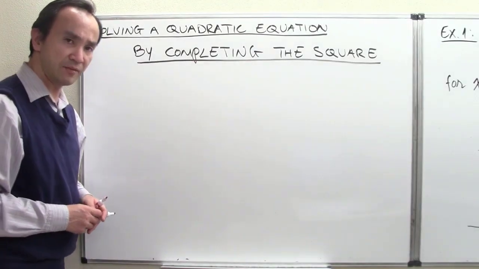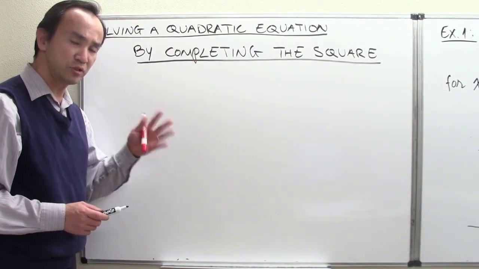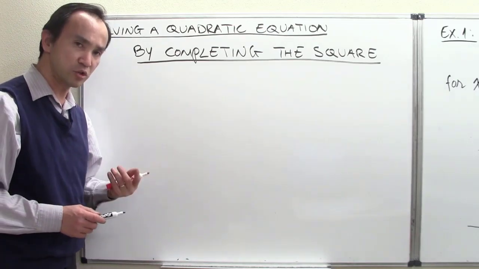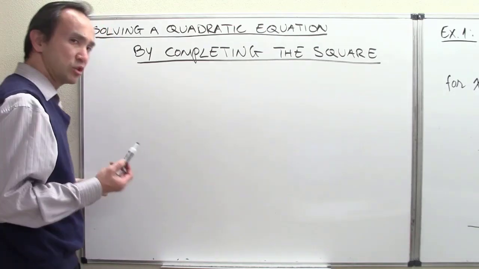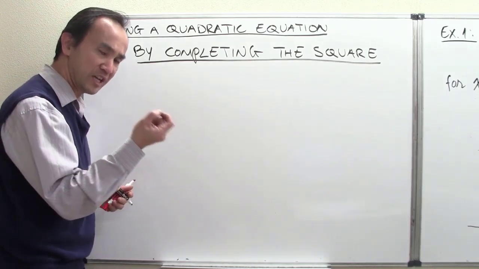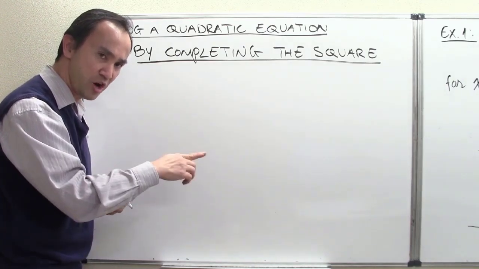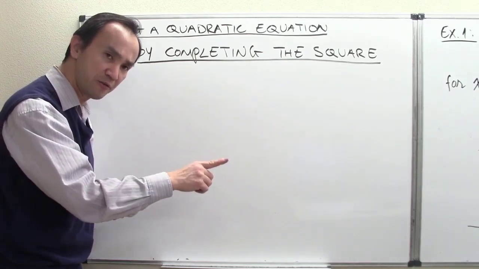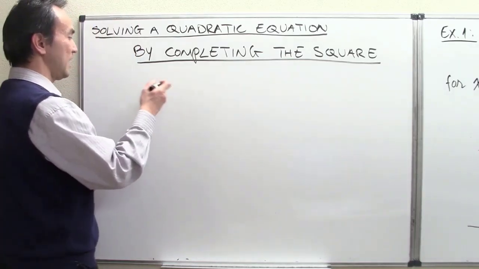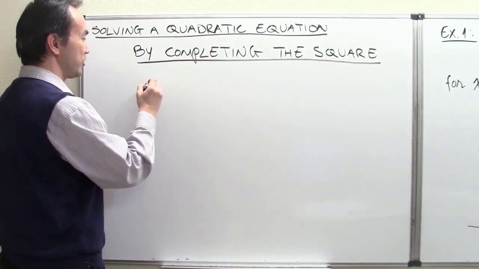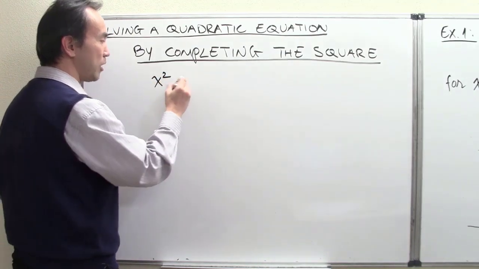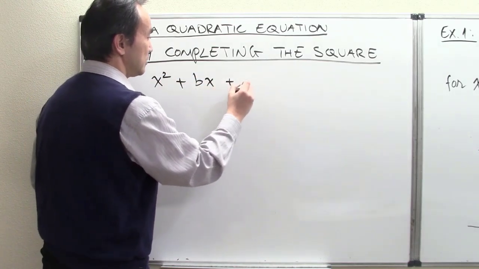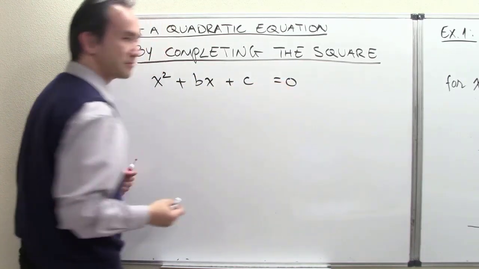Okay, so at the end of our example 1 right here, it came to the following generalization of how we can do the complete the square method. The complete the square method centralizes on the idea that the equation has to be in standard form with leading coefficient 1. So allow me to start out with the equation in the form x squared plus bx plus c equals 0, and b could be negative.